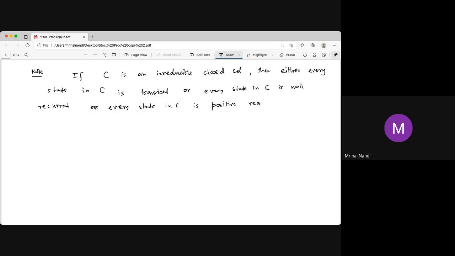So either all the states are positive recurrent, or all are null recurrent, or all are transient. So basically there are three types: null recurrent, positive recurrent, and transient.